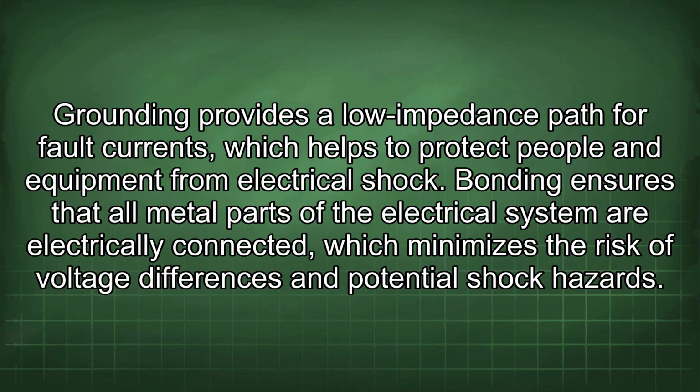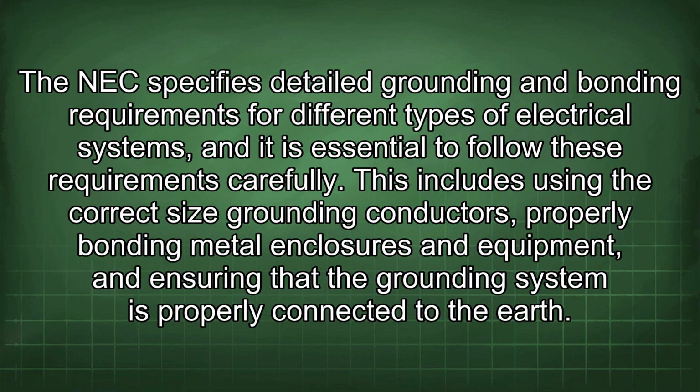Grounding provides a low impedance path for fault currents, which helps to protect people and equipment from electrical shock. Bonding ensures that all metal parts of the electrical system are electrically connected, which minimizes the risk of voltage differences and potential shock hazards. The NEC specifies detailed grounding and bonding requirements for different types of electrical systems, and it is essential to follow these requirements carefully.